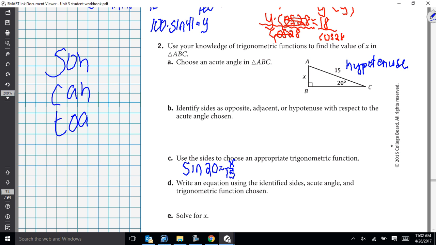Now, if you chose angle A, are we going to choose sine, cosine, or tangent? Cosine, right? So we have cosine of how many degrees? 70. And we want adjacent over hypotenuse, so x over 15. Good.